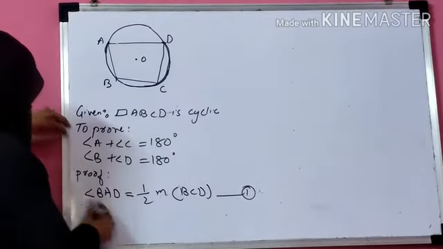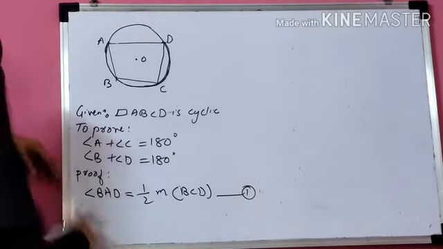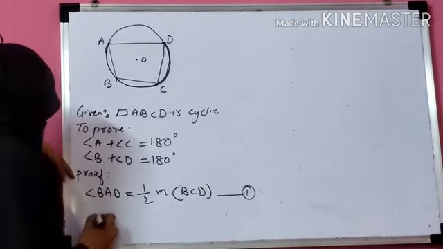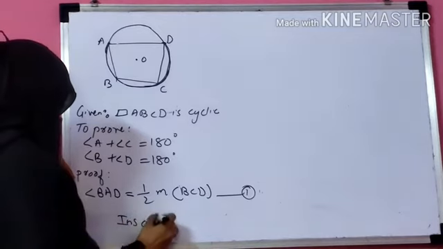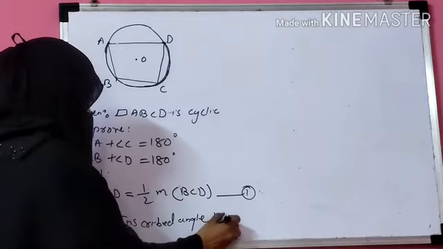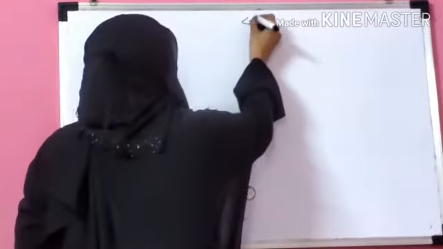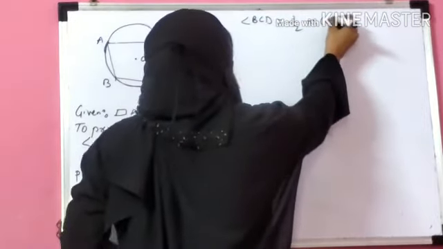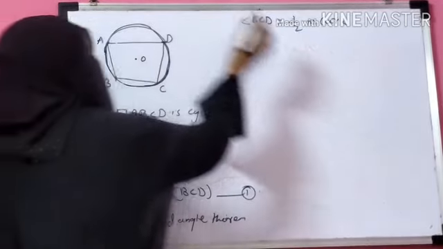Okay, and here you can write angle A, in three letters angle BAD. The reason is the inscribed angle theorem. Next, the opposite angle is C. So angle BCD is half of the measure of its intercepted arc, which is this part, BAD.